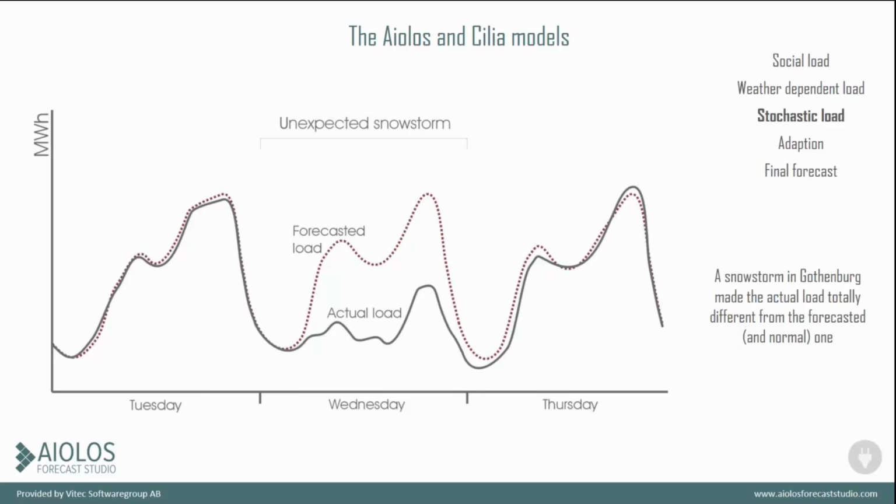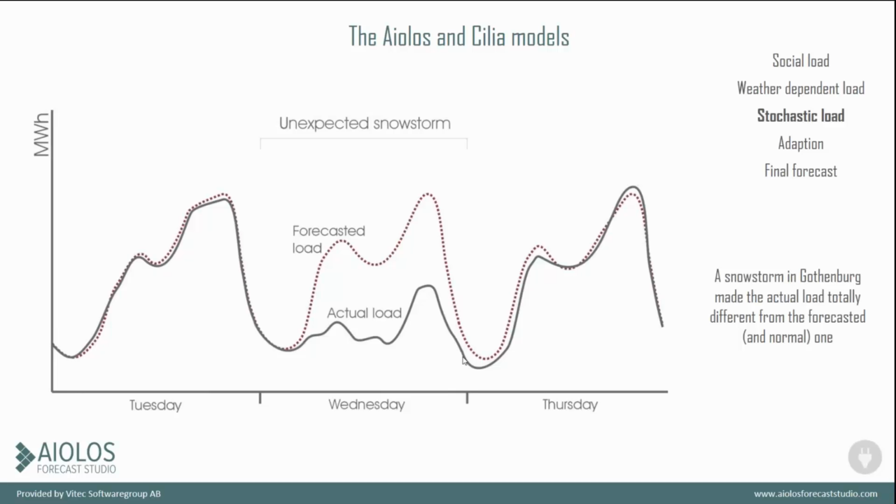And then the stochastic load. Stochastic means it's an unexpected load, something out of the ordinary happens. So for this example, it was a snowstorm in Gothenburg which left parts of the city in blackout, meaning that the forecasted load and the actual load data differ very much.